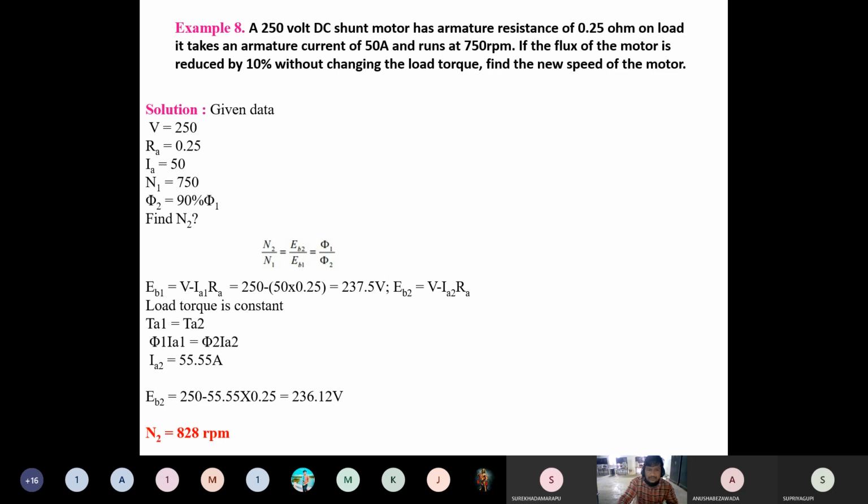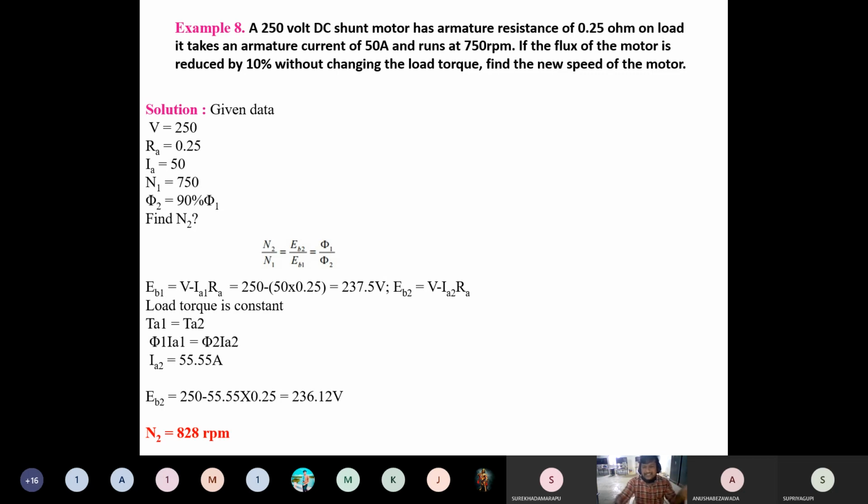So first, we have to determine EB1 and EB2. Please don't move the slides. Just listen, and we have to note down the problem in notes also. First, EB1 is equal to V minus Ia1 Ra.